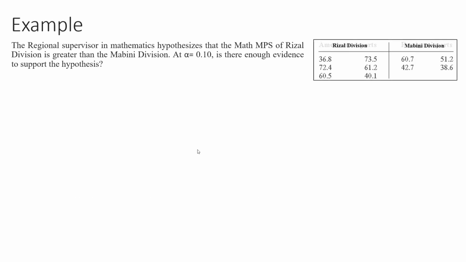So we have here the regional supervisor in mathematics hypothesizes that the mathematics MPS of Rizal division is greater than the Mabini division at alpha equals 0.1. Is there enough evidence to support the hypothesis? So take note that we already computed the F test here.